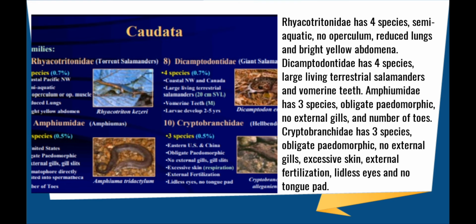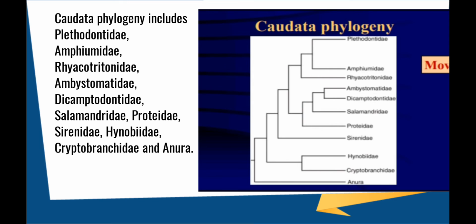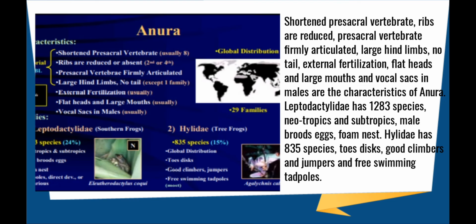They have lidless eyes and no tongue pad. The phylogeny of Caudata includes the Plethodontidae, Amphiumidae, Rhyacotritonidae, Ambystomatidae, Dicamptodontidae, Salamandridae, Proteidae, Sirenidae, Hynobiidae, and Cryptobranchidae, and Anura.